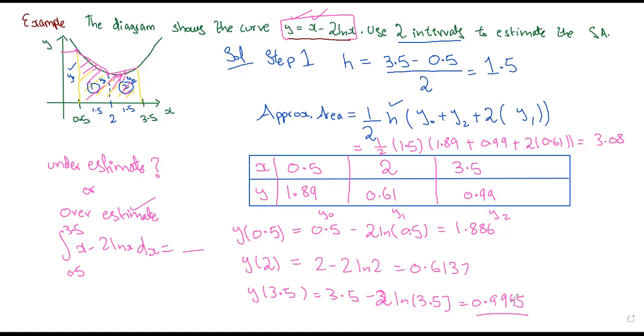If this answer is greater than the actual answer, it is an overestimate. If your approximation is less than the actual answer, it would be an underestimate. Is it clear? Yes. Okay, so you will be doing the next question.